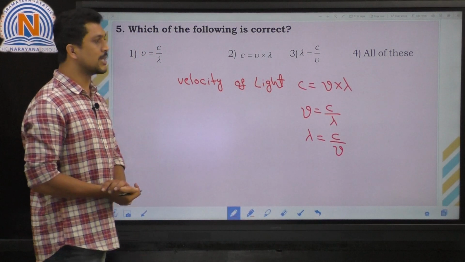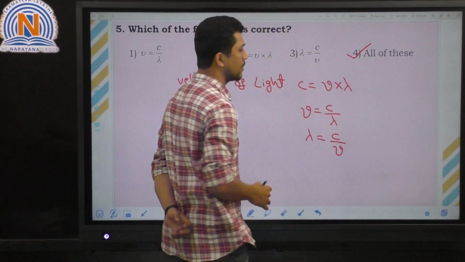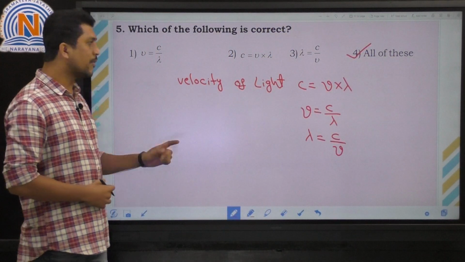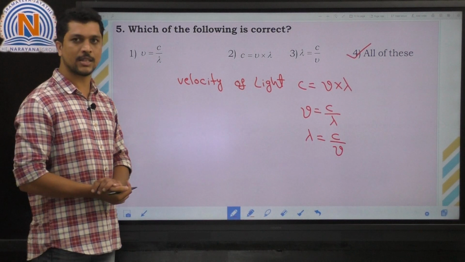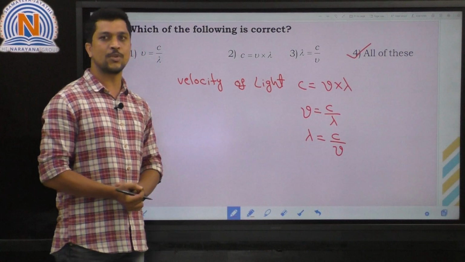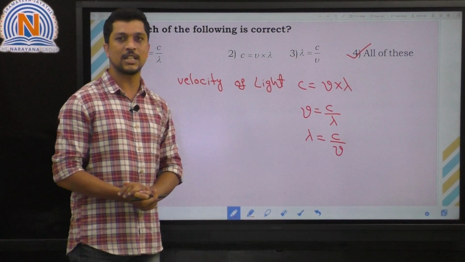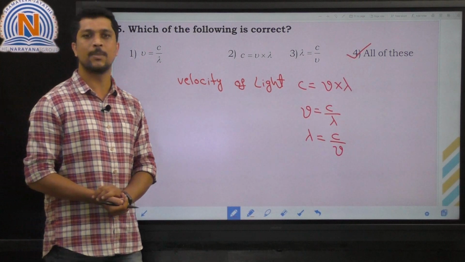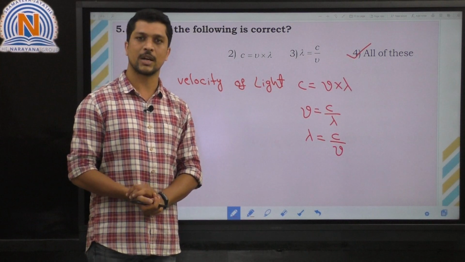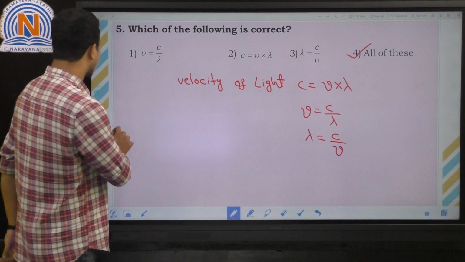So the correct option is the fourth option, all of these. The frequency nu equals c by lambda is correct, the velocity of light c equals nu into lambda is also correct, and the third option lambda, that is wavelength, equals c by nu is also correct. Let's move on to the next question.